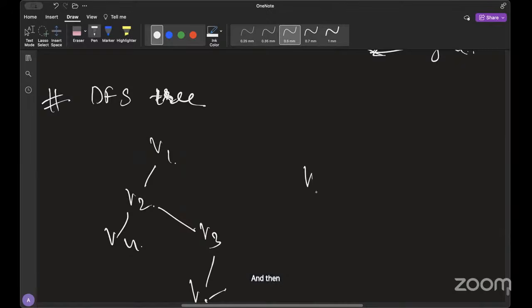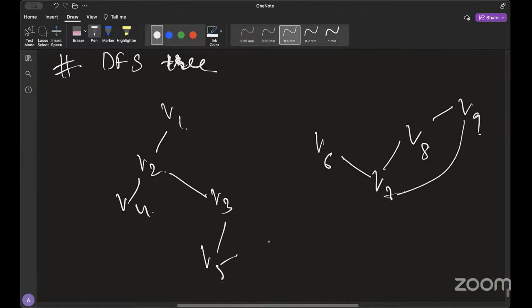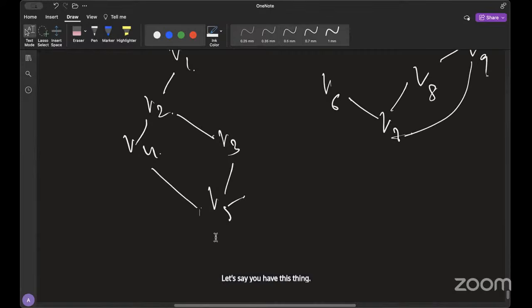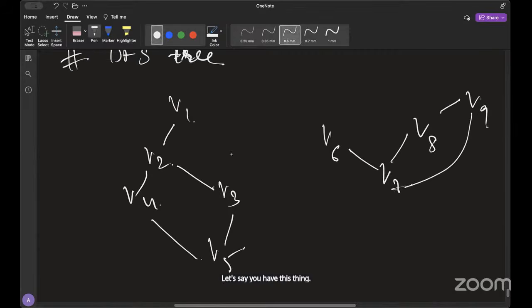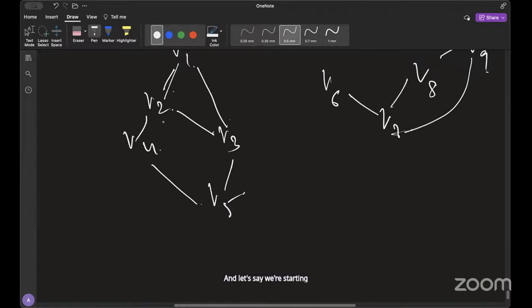And then you have vertex 6 and 7 here. So if you have this thing, and let's say we're starting with V2 this time.